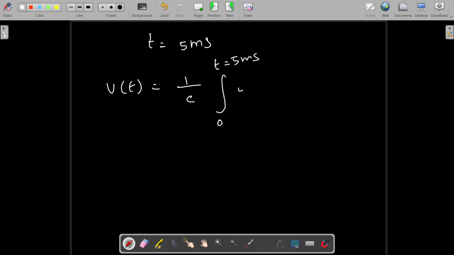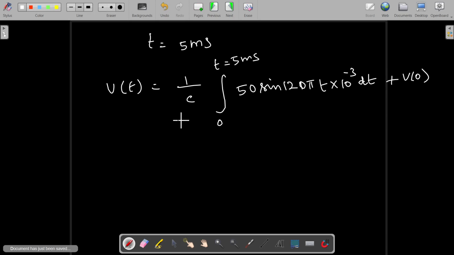Here it is 50 sin 120πt milliamps, isn't it? So it is 10 power minus 3, then dt plus v(0). v(0) is given as 0 in the problem itself, right?